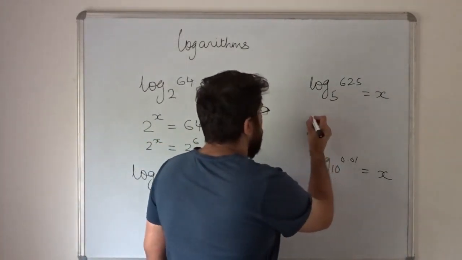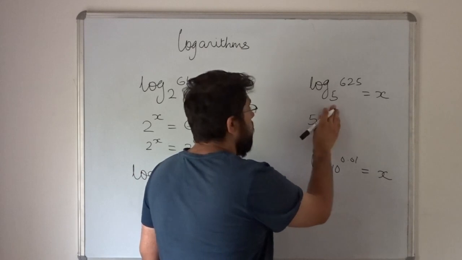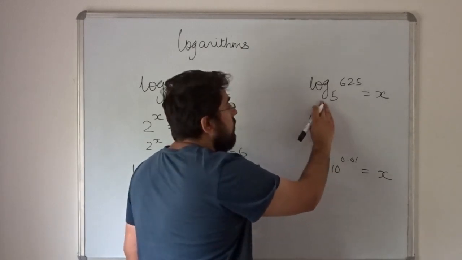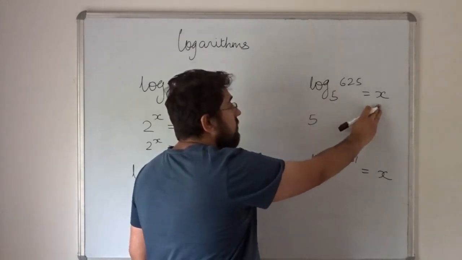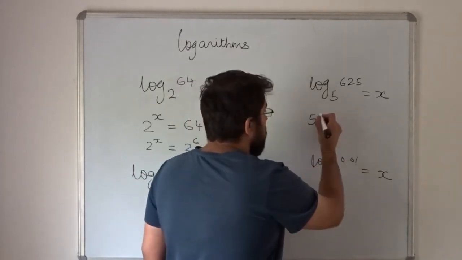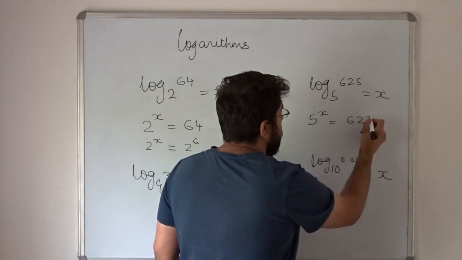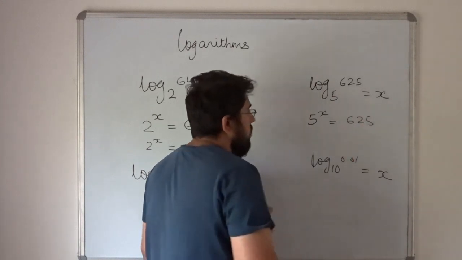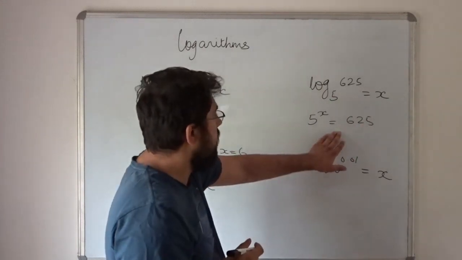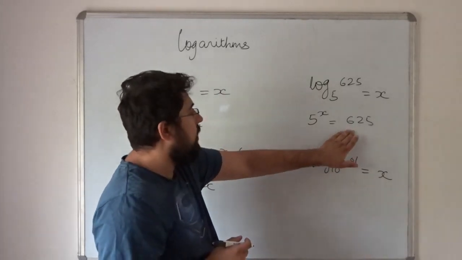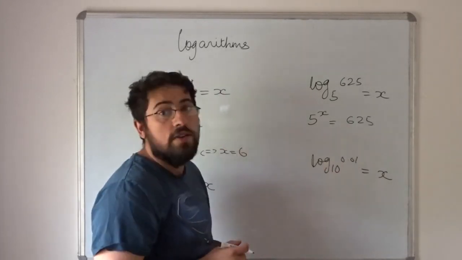So let's do this one. This one is again 5, because the base is 5, x is the exponent. So then you have 5 to the power x equals 625. So 5 times what gives you 625?